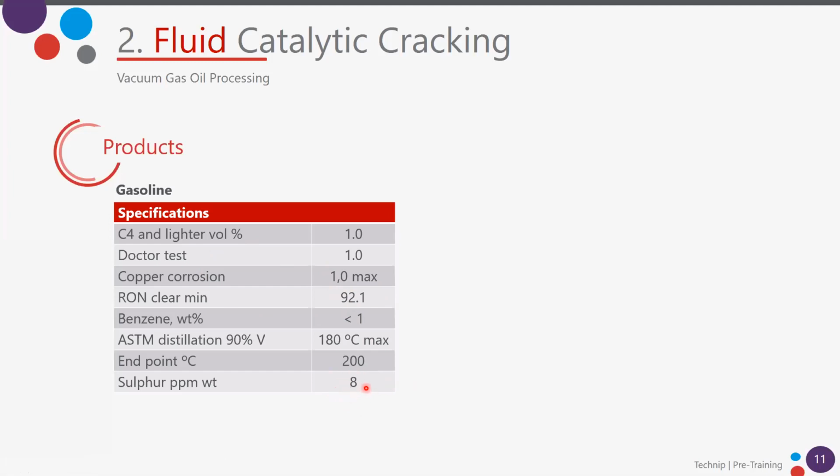Remember that the gasoline specification is 10 ppm, so we have a good stream for the gasoline pool. We have also low benzene concentration. So these are the main specifications for the cracked gasoline that we will get from the FCC unit.